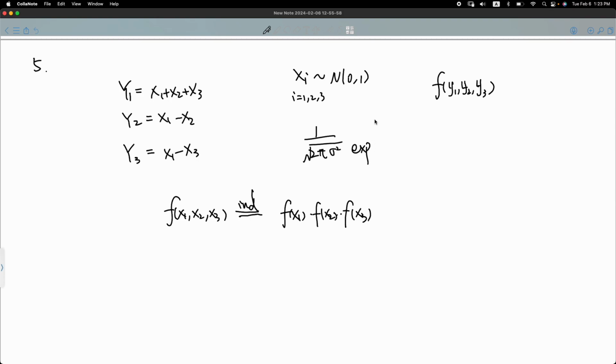Oh, sigma square is 1, so that eases the formulation. 1 over the square root of 2 pi, e to the power of minus 1/2 xi square minus 0 over 1. So is there 1/2? Yes, 1/2 xi, for i in 1, 2, 3. Okay, so you can just plug in and make sure you have 3 copies of that.